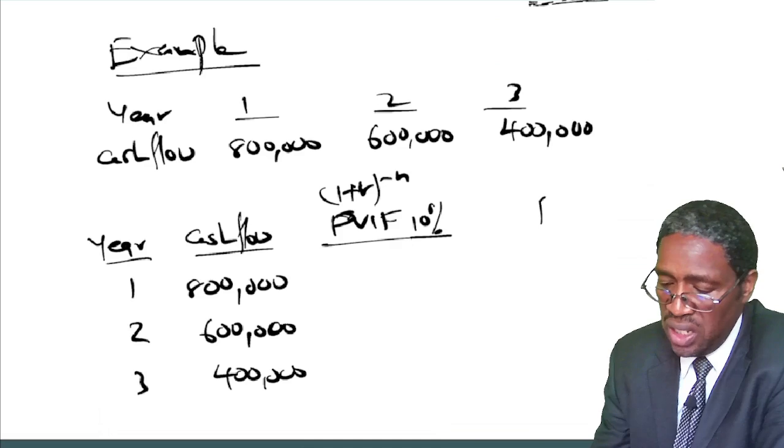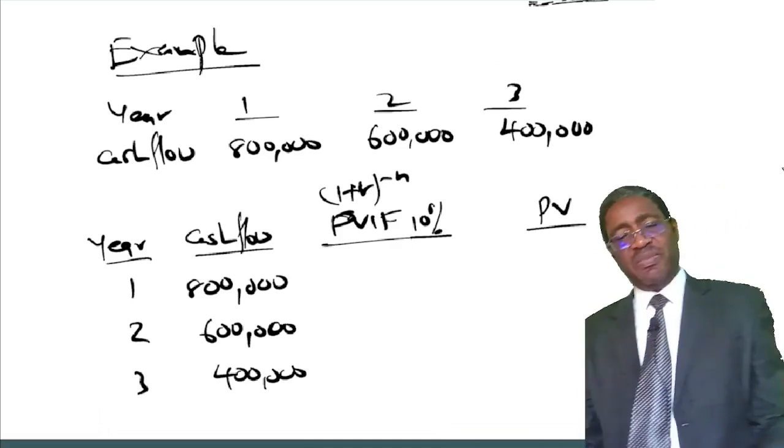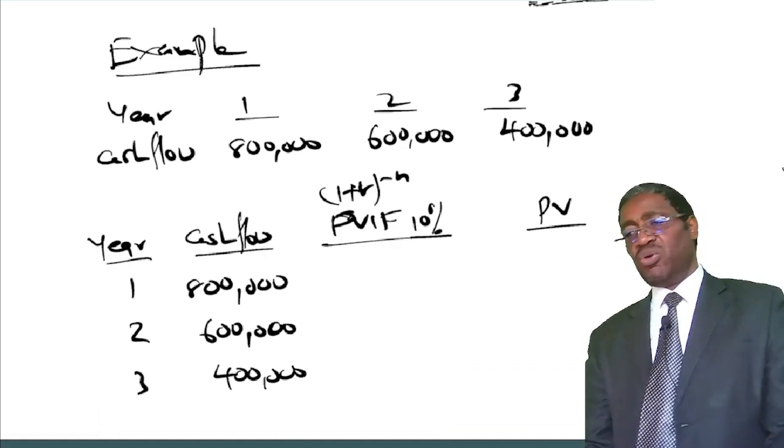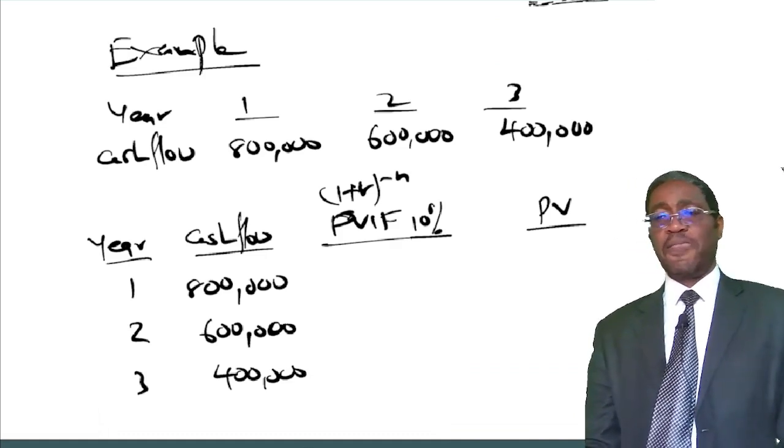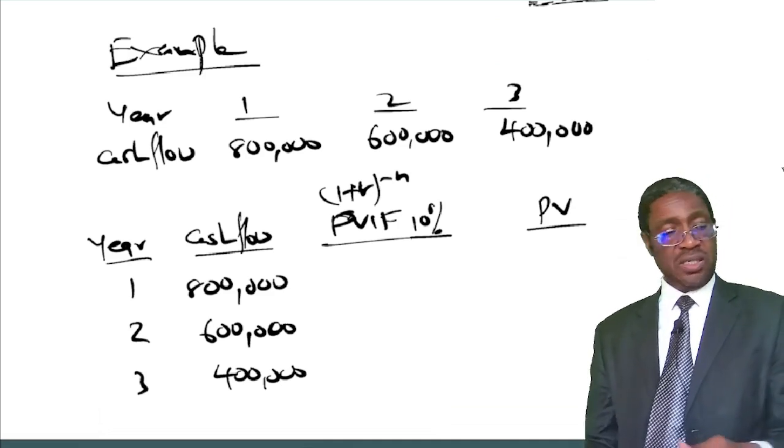Then the last column will be the amount called present values. Good. Let me compute the discounting factors.